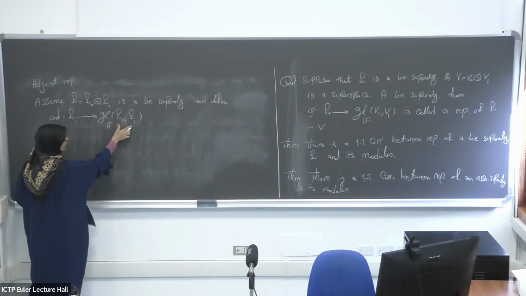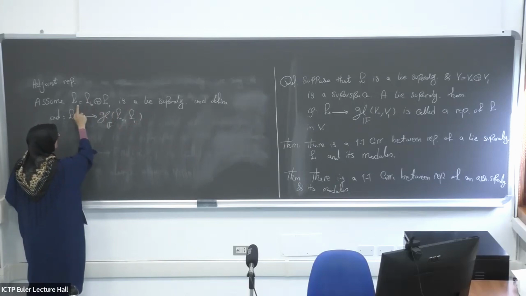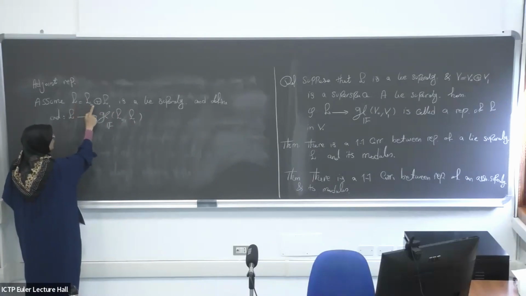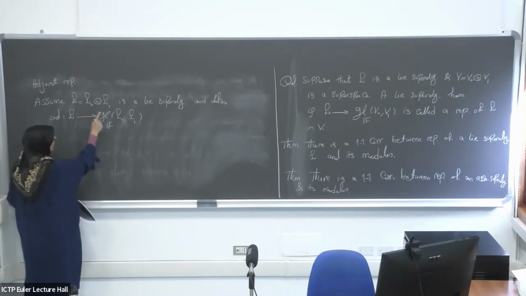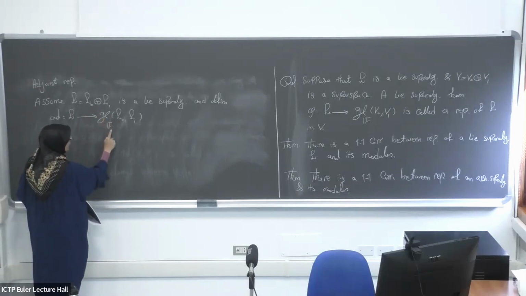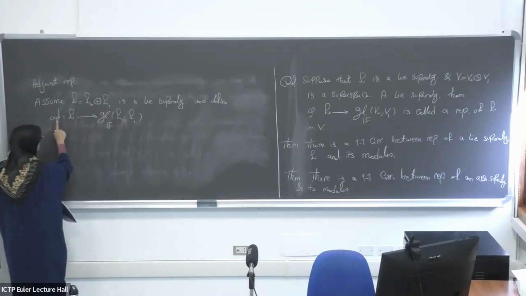These two parts are the even and the odd part of a vector superspace, and we can talk about GL(L0, L1).